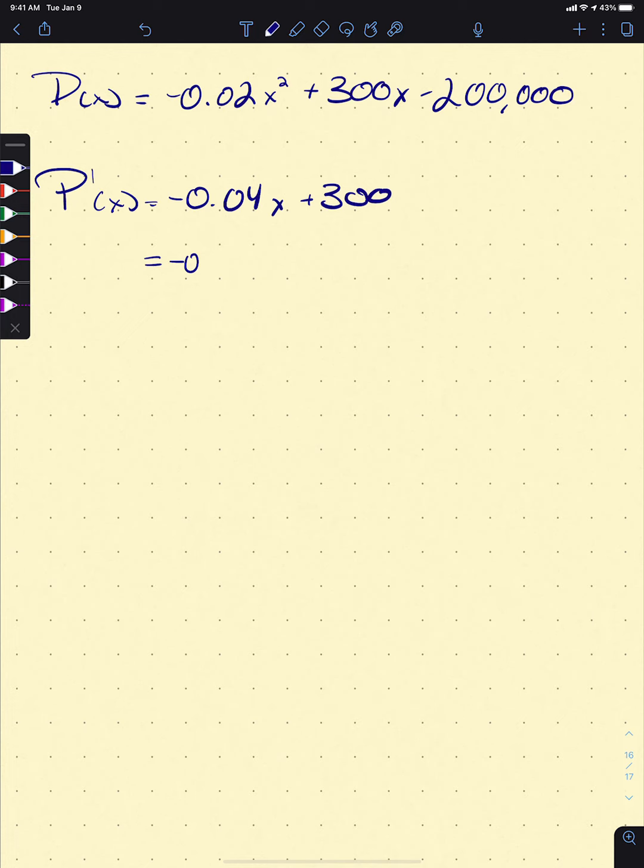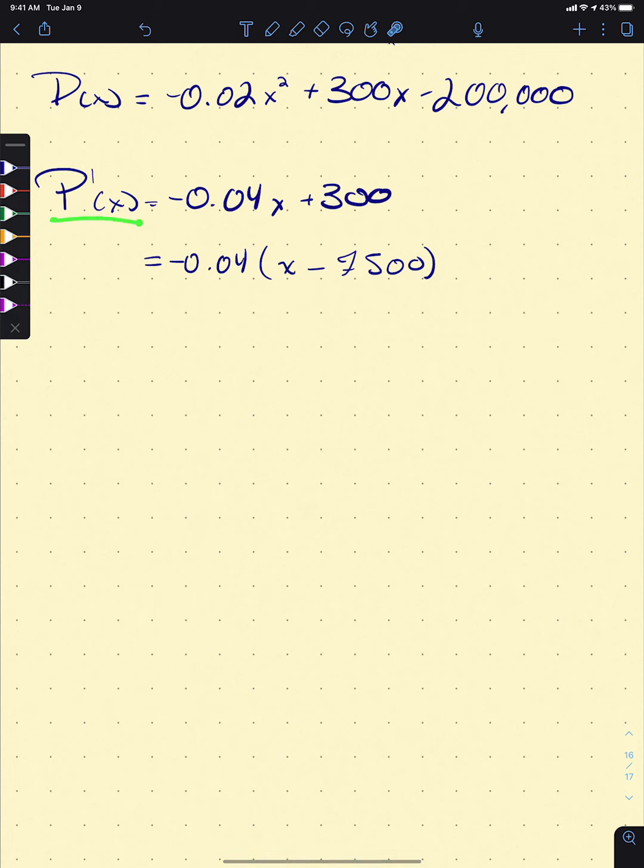This is just a line facing down. And further notice, if I were to factor out a negative 0.04, it's going to be x minus 7,500. And this is sort of working backwards from the other ways that we did it, right?